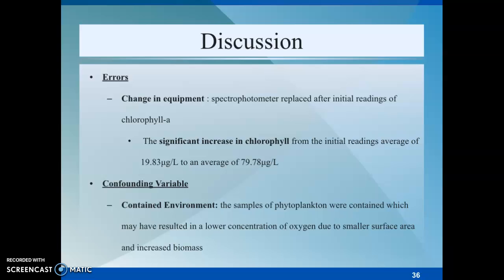There were errors in the procedure with the change in equipment of the spectrophotometer after the initial values, which resulted in the significant increase in chlorophyll. There was also the confounding variable of a contained environment, so it would have had a much different effect if added to the larger bodies of water.